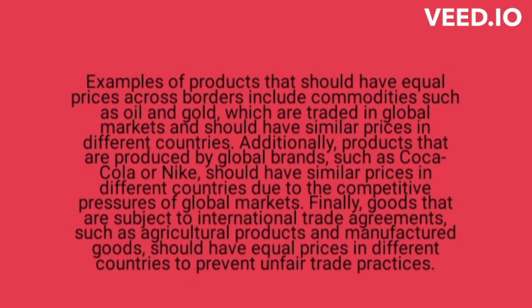Examples of products that should have equal prices across borders include commodities such as oil and gold, which are traded in a global market and should have similar prices in different countries. Additionally, products produced by global brands such as Coca-Cola or Nike should have similar prices in different countries due to the competition present in global markets.